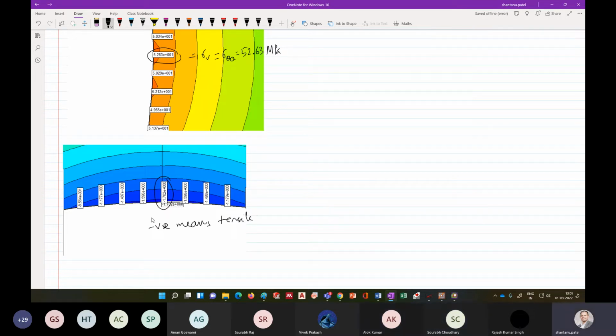And what is the value in ampere? Sir, 1.702. So sigma h equals sigma theta equals minus 1.702. Just remember this value in ampere: 52.63 and 1.7.